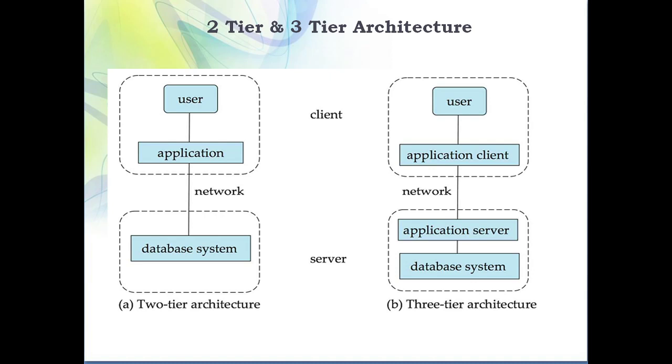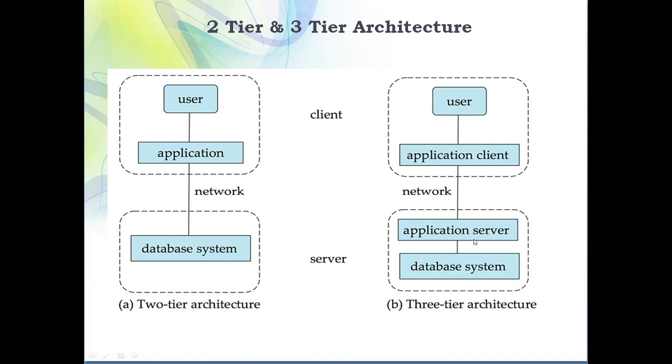Exactly opposite to this is the three-tier architecture. Now in our scenario, we will keep one attendant outside the interviewer's room. What is the role of that attendant? The attendant will allow only one person to enter the interviewer's room. That means, what is the role played by the application server? To control the traffic.